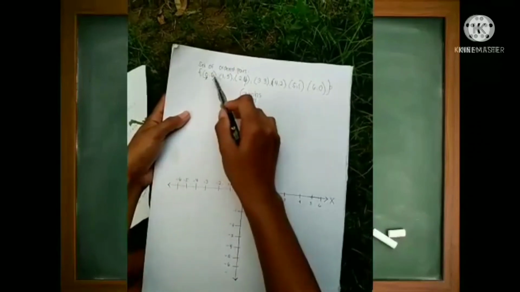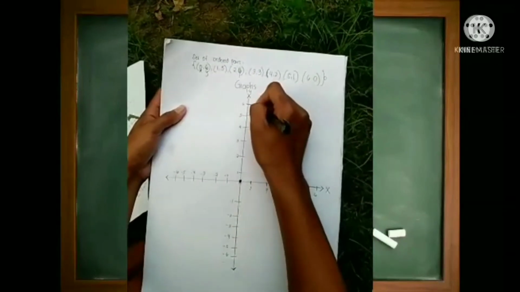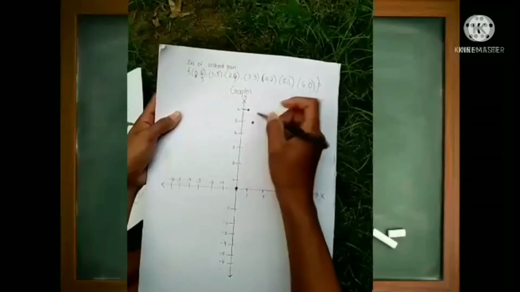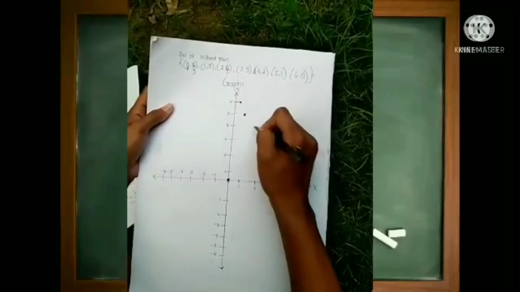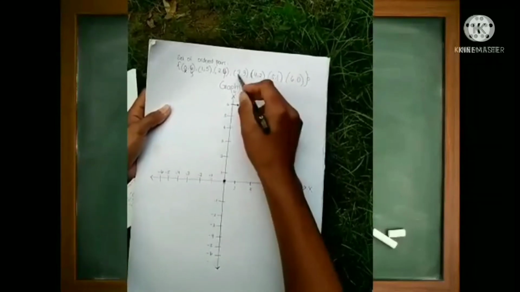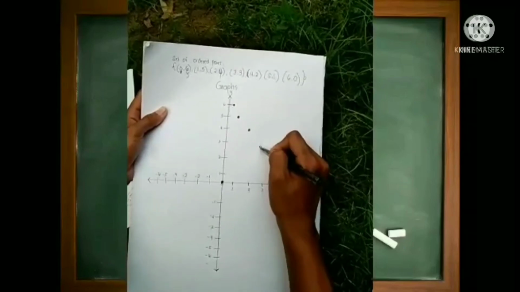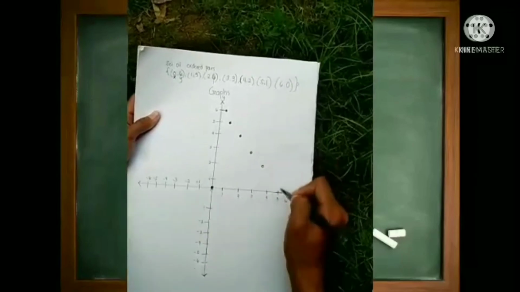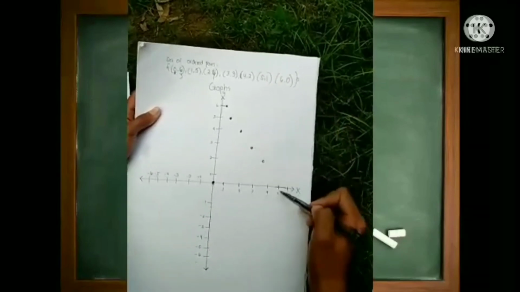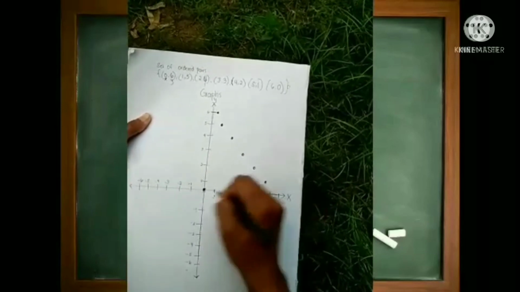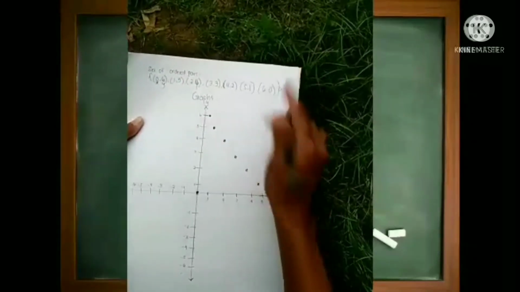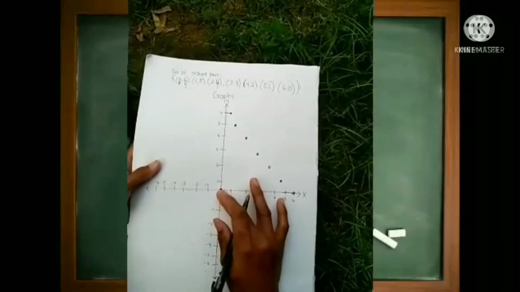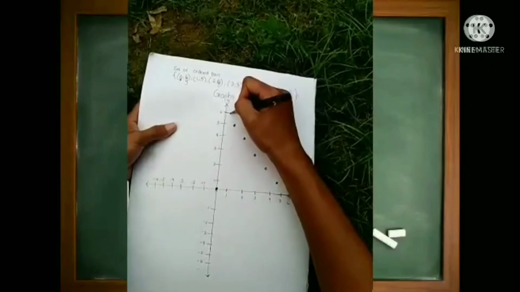So, 0 and 6, 1 and 5, 2 and 4, 3 and 3, 4 and 2, 5 and 1, and 6 and 0. Now, we will just connect them.